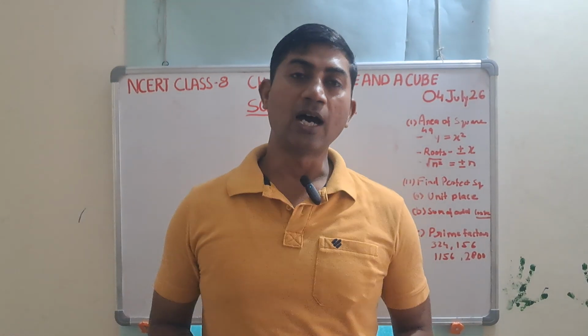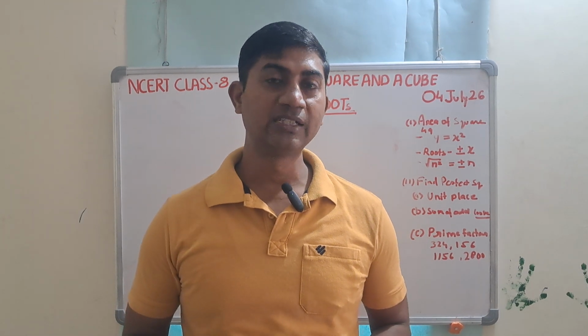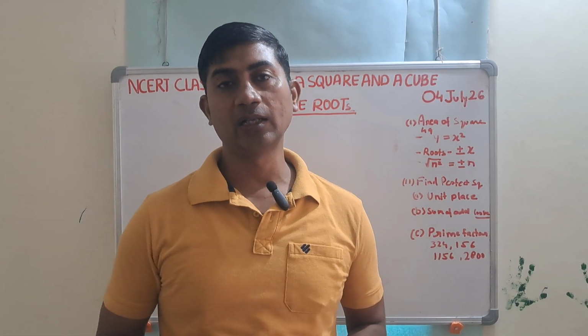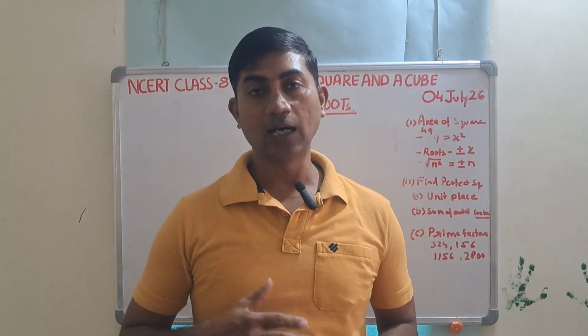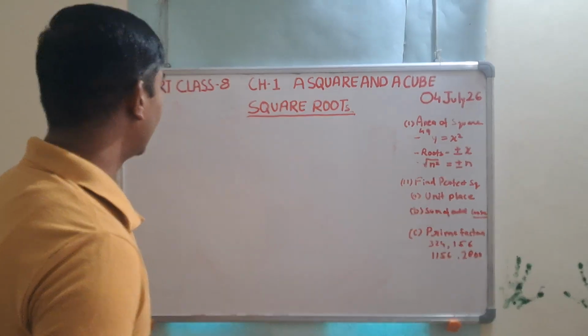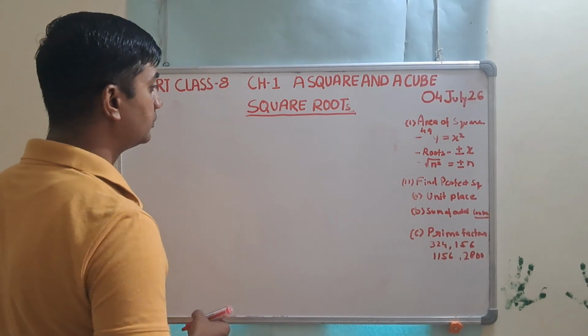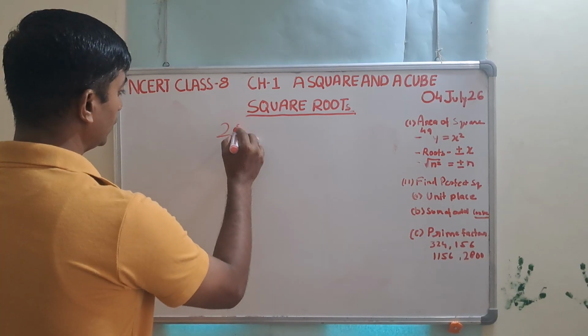Now we will see how to find out the square root of a perfect square. We will see whether the given number is a perfect square and how to find it. Suppose it is given that we have 25.